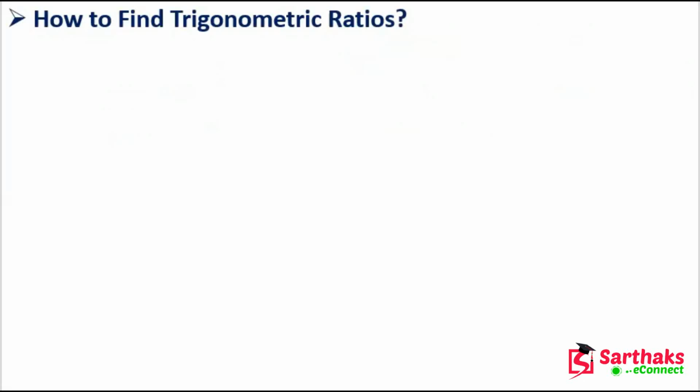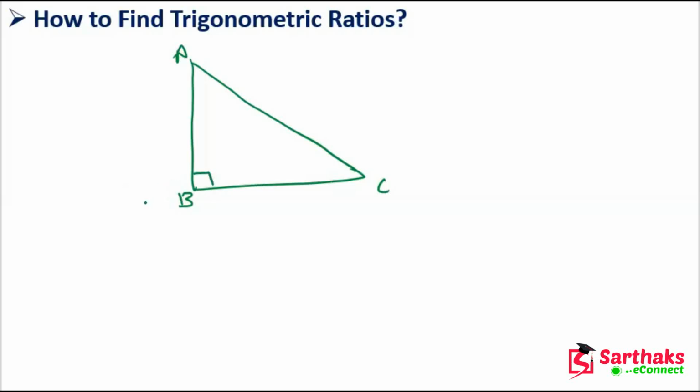So how do we find trigonometric ratios? Let's see that. Let's suppose we have a right angle triangle like this: A, B and C, with the right angle at B. Now we know that this is our hypotenuse.